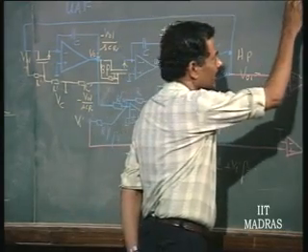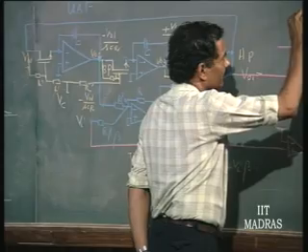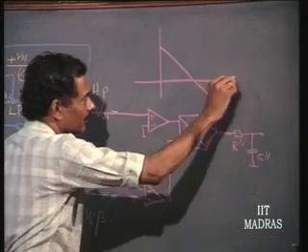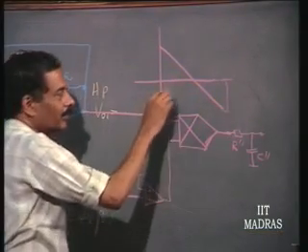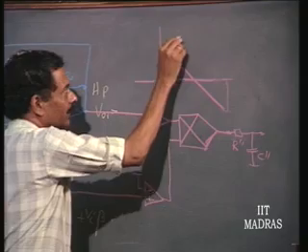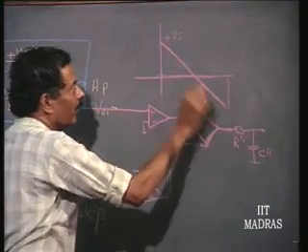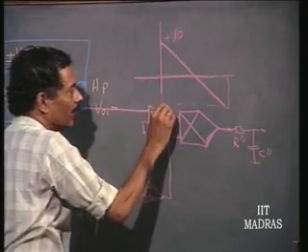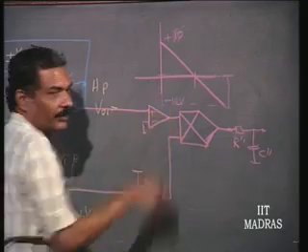Its phase characteristic, if you remember, was going like this. Am I correct? From, let us say, plus Vs or plus 10 volts to minus 10 volts to 0.